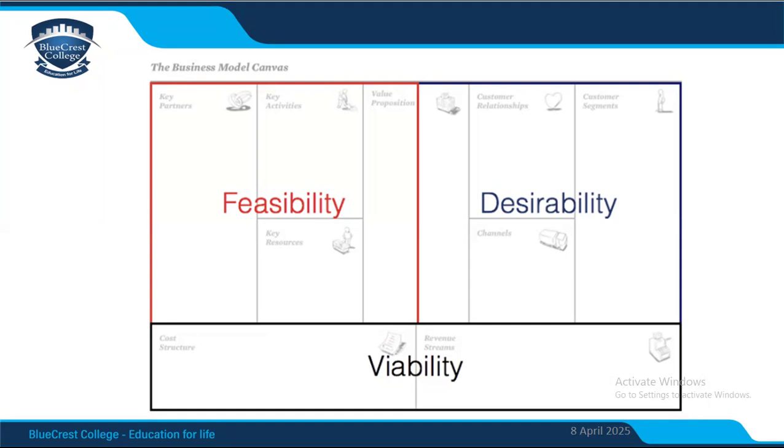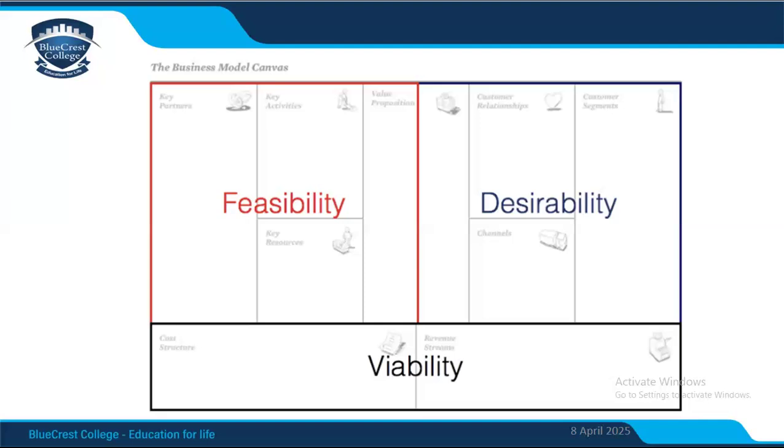So whether your business will be able to stand, whether it will be viable or not, depends on your cost structure and the revenue streams. If your customers would want to do business with you, then it will be dependent on your customer relationships, your customer segments, and then the channels, right? And if your business will be feasible, then it depends on your key resources, your key activities, the value proposition, and then your key partners, right?